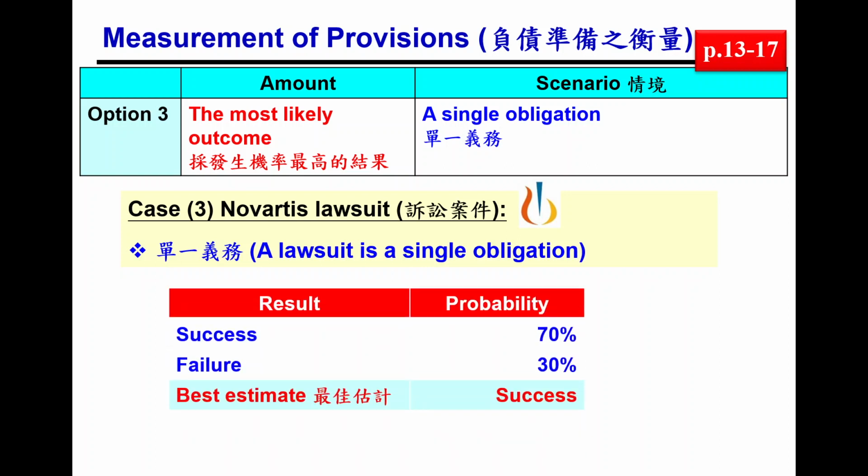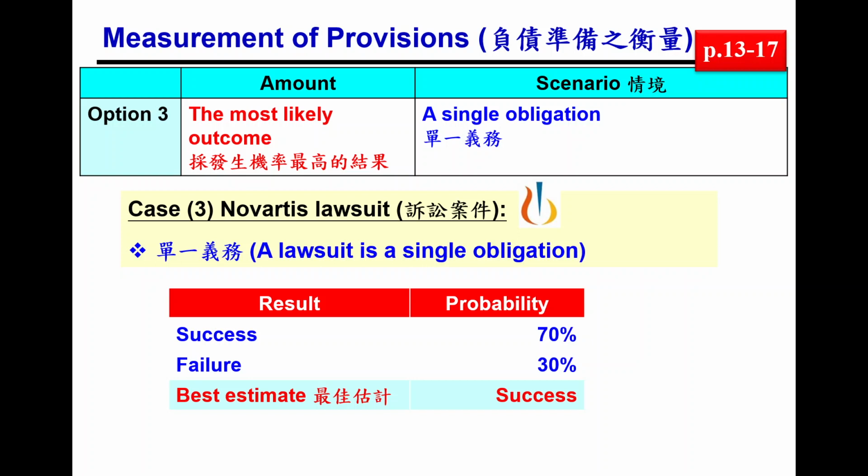So what does it mean? In a lawsuit, we have only two results, right? Success, failure. So you will think, okay, for this lawsuit, the percentage you win is 70%, and the percentage you lose is 30%. Based on this, what's your outcome? Only one, right? You think, okay, I will win the lawsuit, 70%.